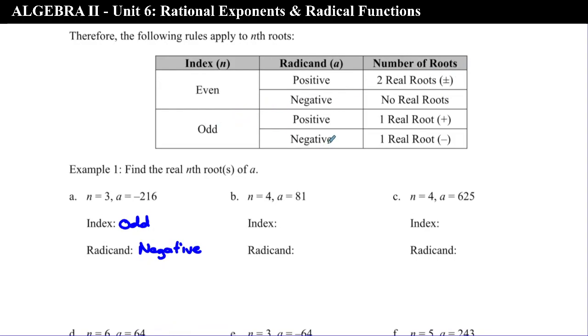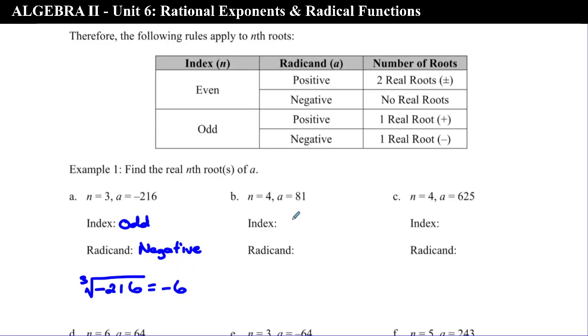We're odd, we're negative, so we should have one real root that's negative. If we perform the math here, we have the cube root of negative 216. You're going to end up with a negative value, and that happens to be negative 6. You can use your calculator to help you find this. This is your index, this is what's under the radical, and that's how it would be formatted.